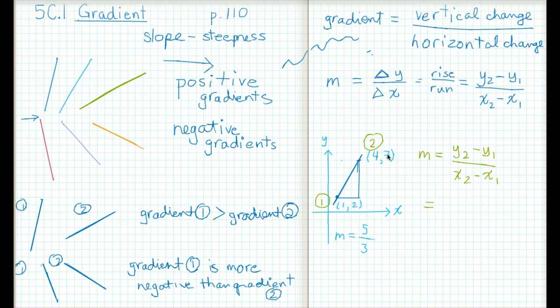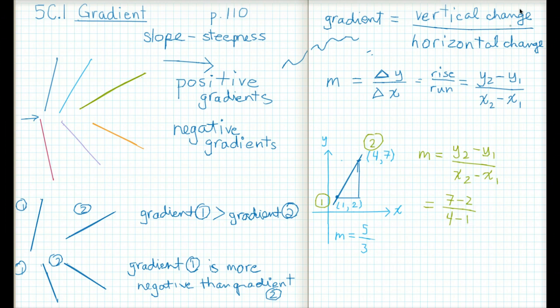So this is x2, y2, and this is x1, y1. So my y2 is this point over here, that's 7, minus y1, okay, point 1, y coordinate is this 2. x2 is this point here, is 4. And x1 is this point here, is 1.